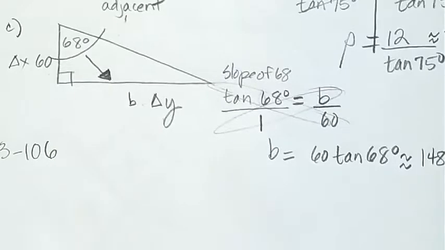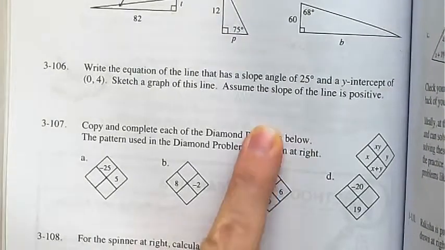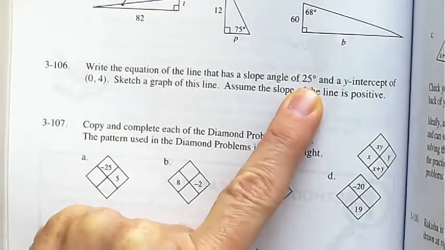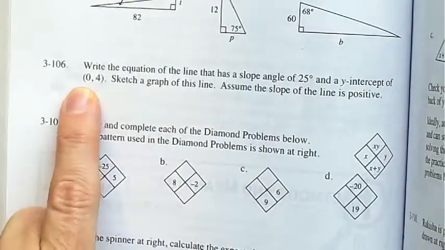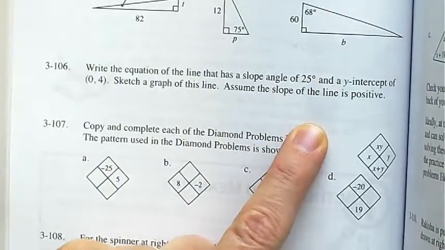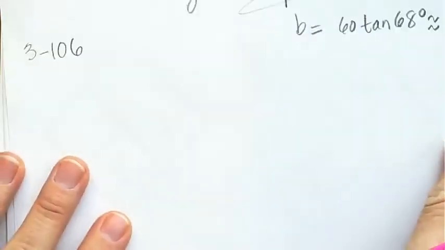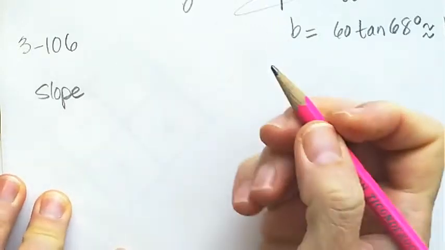Okay, for 3-106, it says to write the equation of the line that has a slope angle of 25 degrees and a y-intercept of (0,4) and sketch a graph of this line. Assume the slope of the line is positive. Okay, so we know that the slope is the same as the tangent.